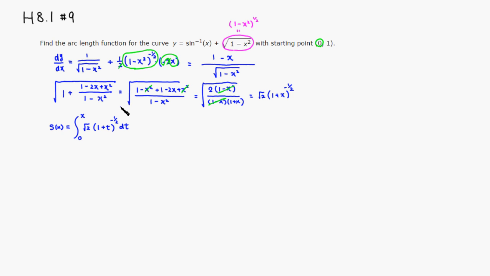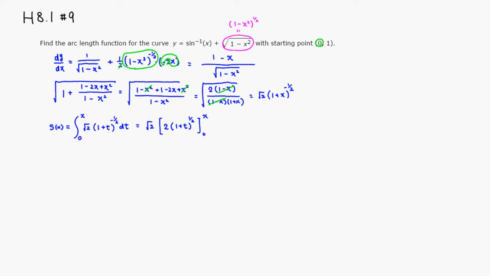Then take the antiderivative. First I'm going to put the square root of 2 outside, and then the antiderivative adds 1 to the power, so you have 1 plus t to the positive 1/2 power. Dividing by 1/2 is multiplying by 2. Then you're going from 0 to x.